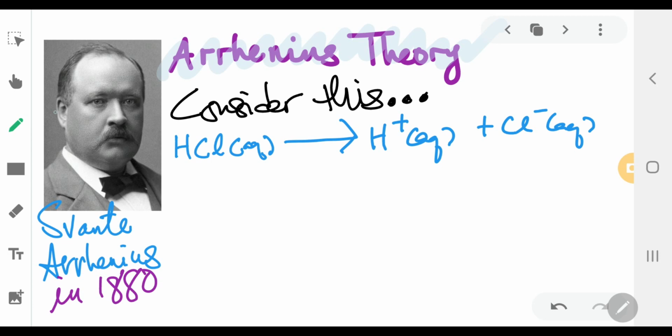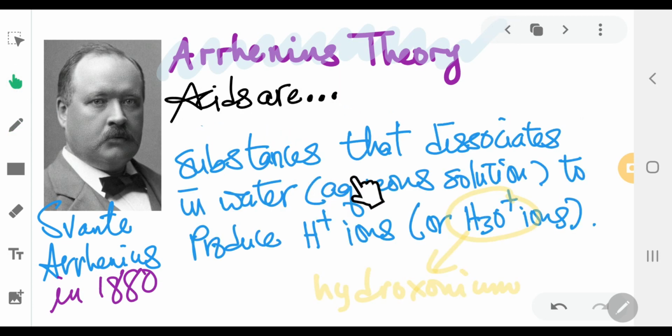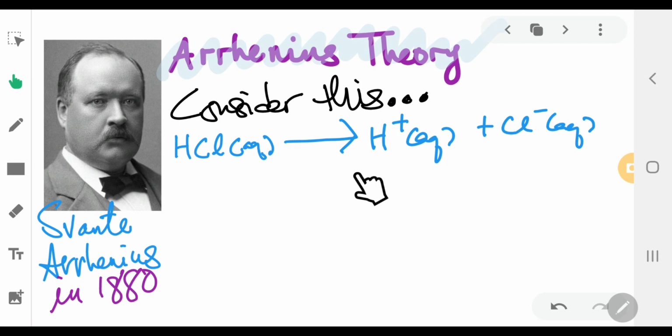So this fits what we have in the definition: substances that dissociate in water to produce H plus. That is Arrhenius' theory on acids. If this species is an acid, it will be able to dissociate in aqueous solution to produce H plus.